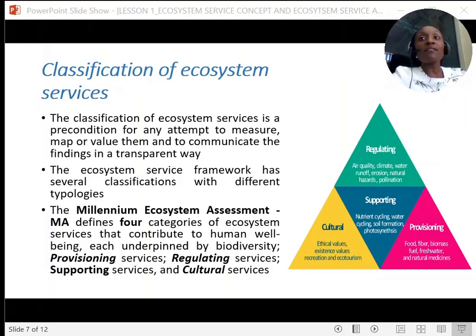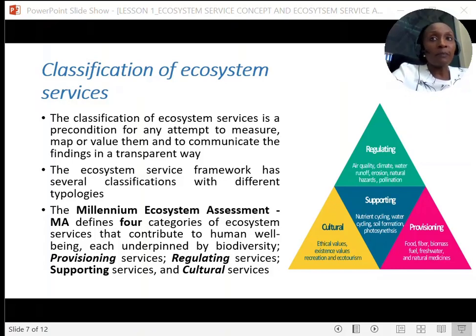So the ecosystem service framework from a broad perspective has several classifications with different typologies and approaches to classifying ecosystem services. And these classifications have been established generally, as I said, as a guide for comprehensive ecosystem assessments and the subsequent reporting of the same values.